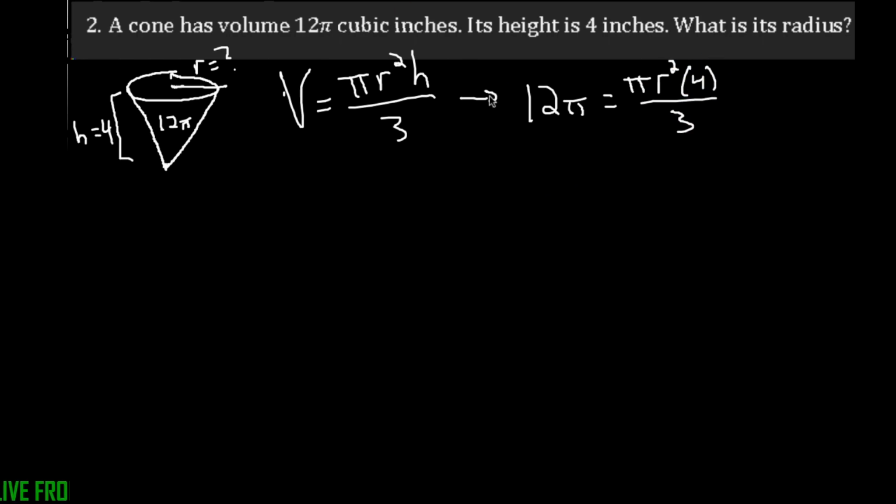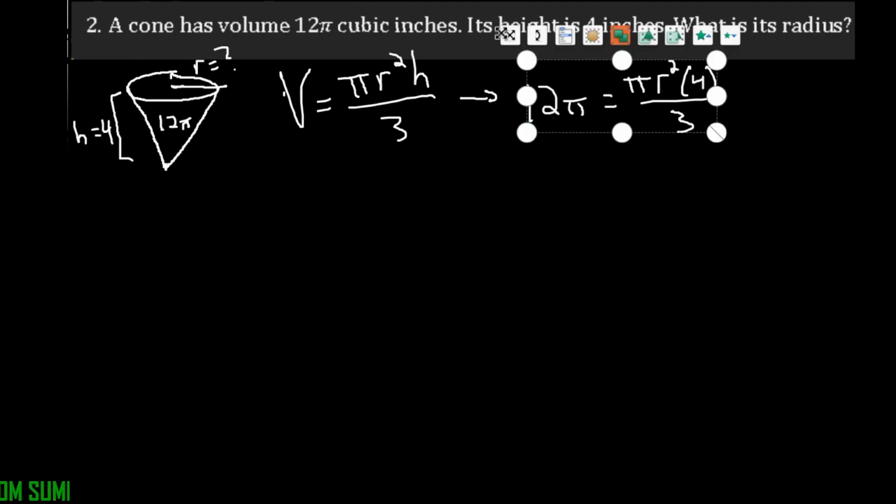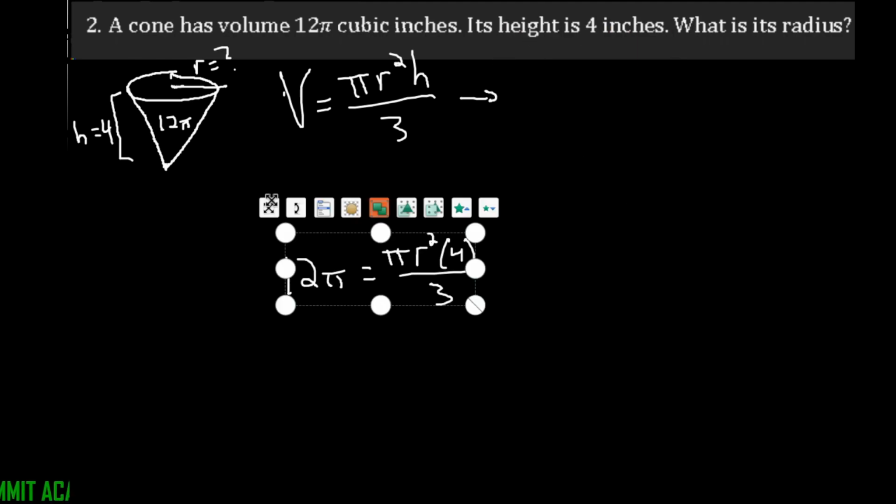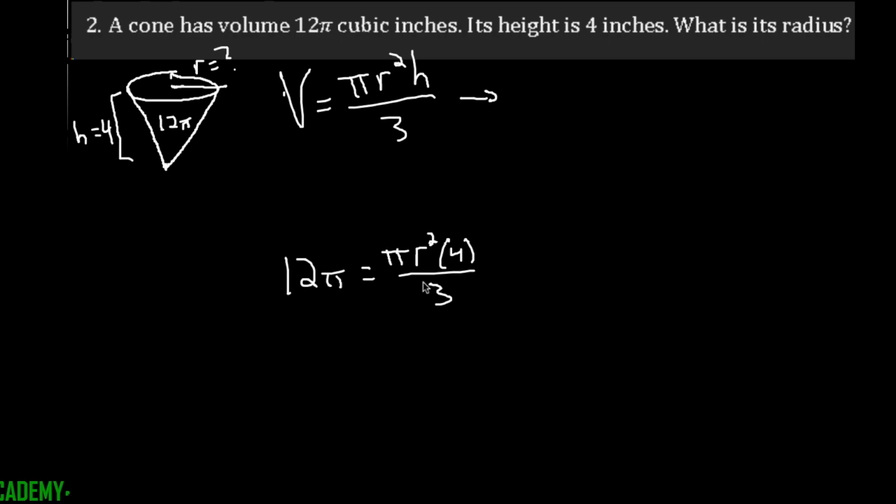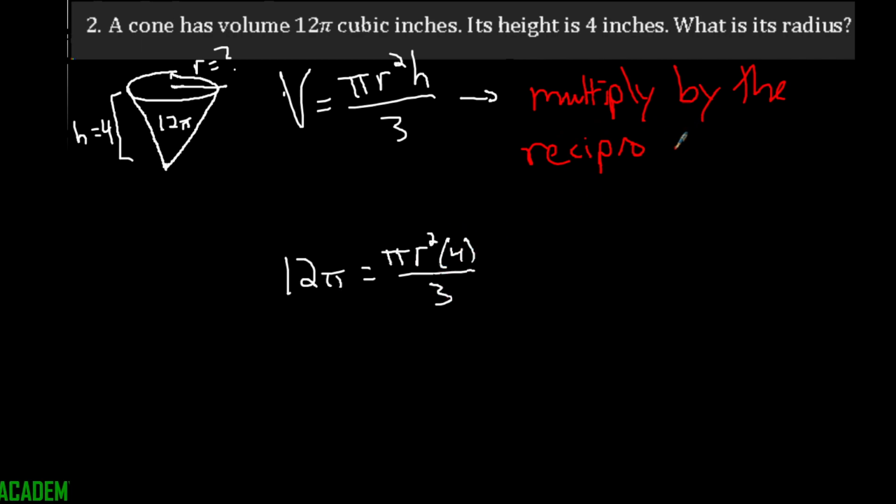This one is a little weird because we have to make sure that we multiply by the reciprocal. That means I'm going to flip this fraction. So instead of 4 over 3, I'm actually going to multiply by 3 over 4, the reciprocal.